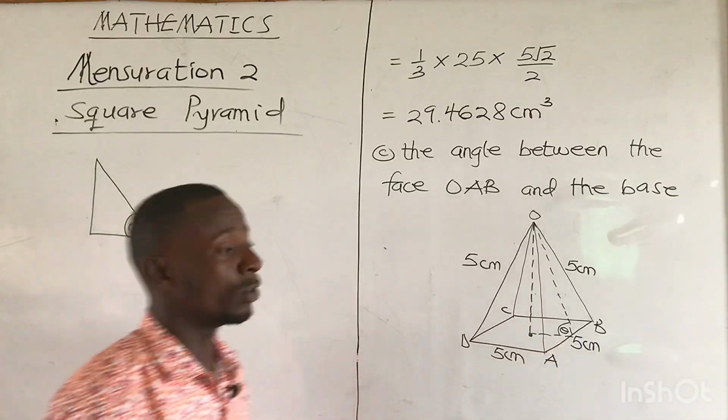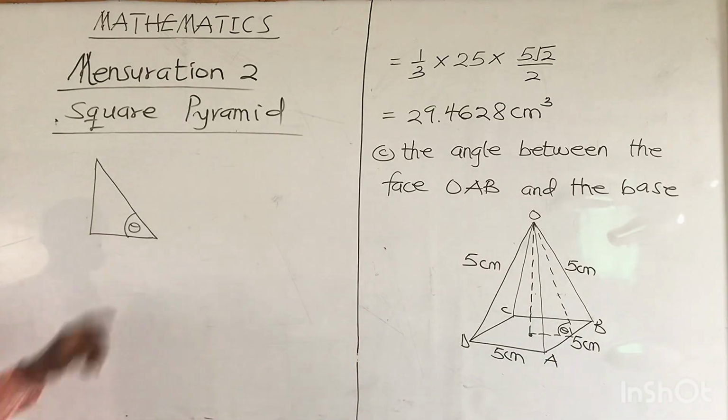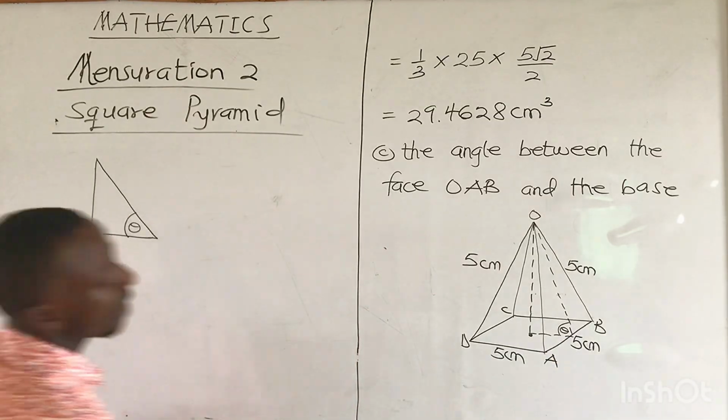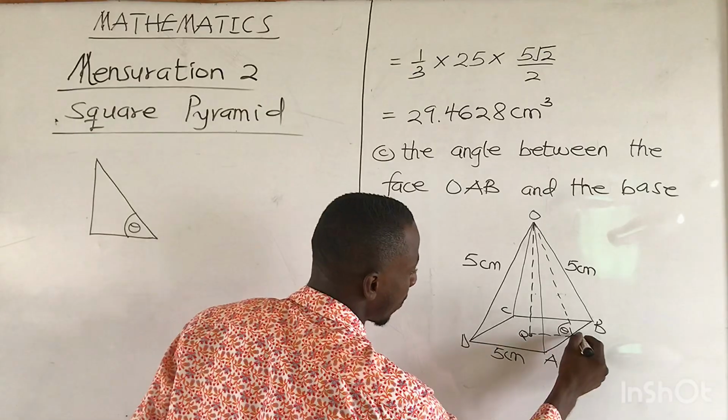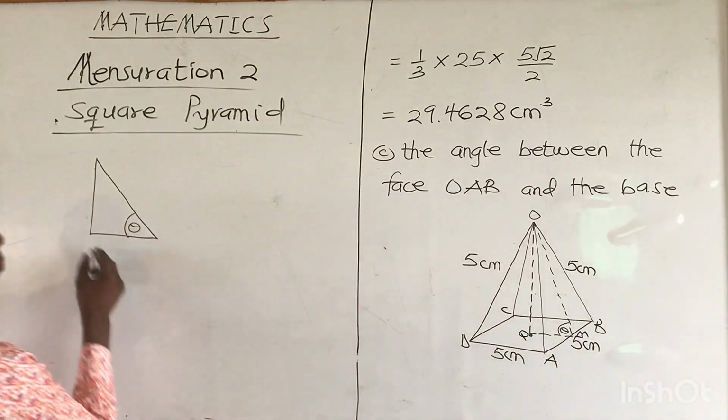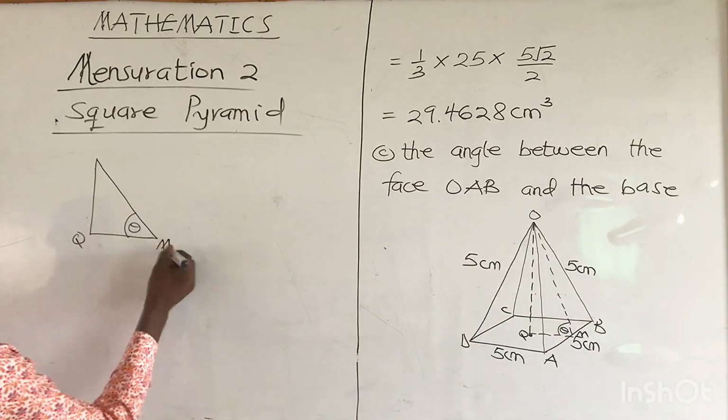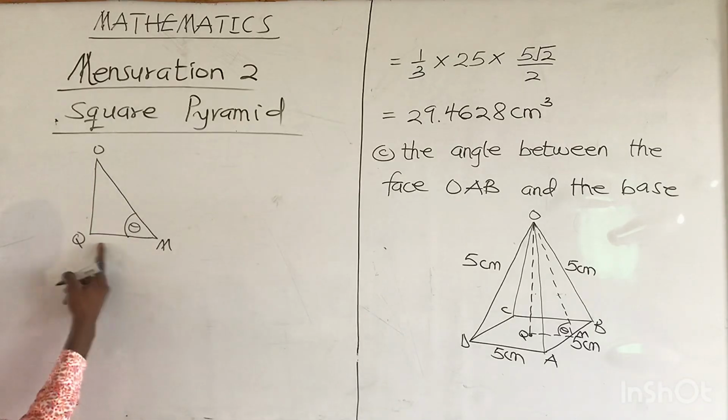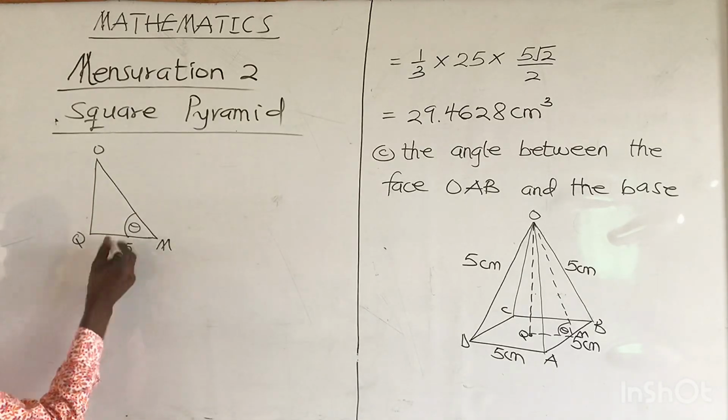So the angle, I am going to use theta to represent it. Now we have Q here, we have M here. So we have Q, we have M, we have O. Now this side is 2.5.